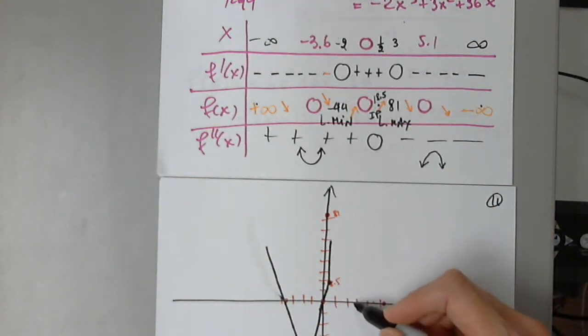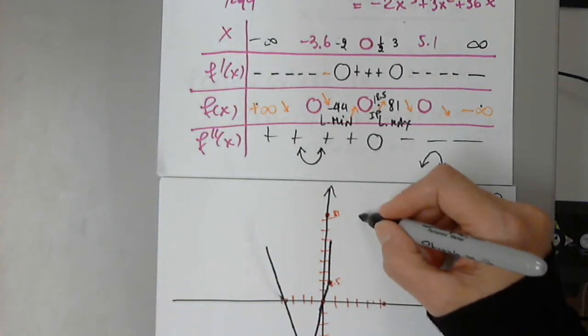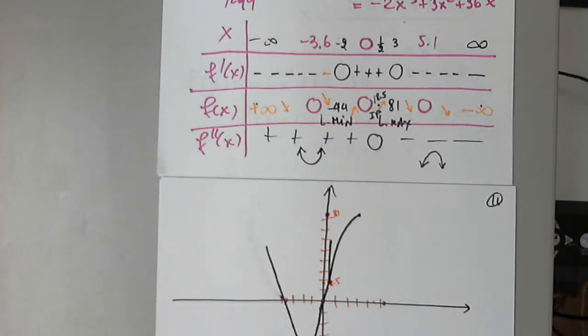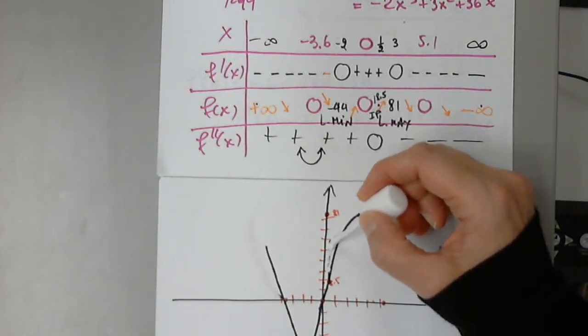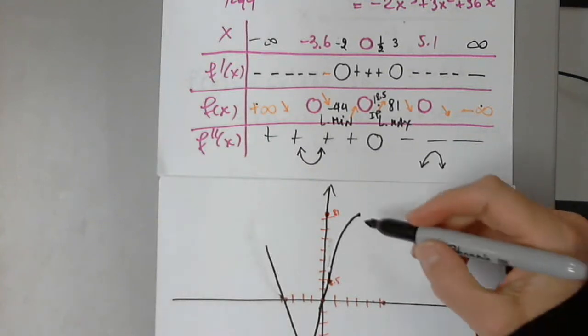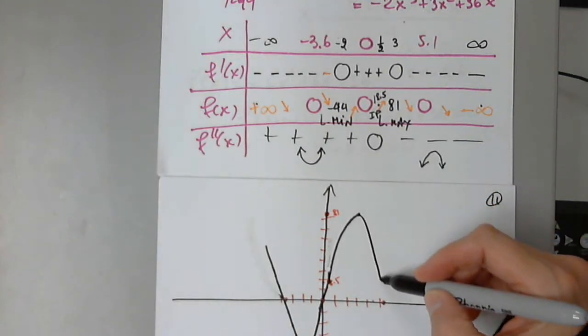Oops, I should have put my points first. Increasing to 81, comes down to cross the x-axis at 5.1, and going towards negative infinity.